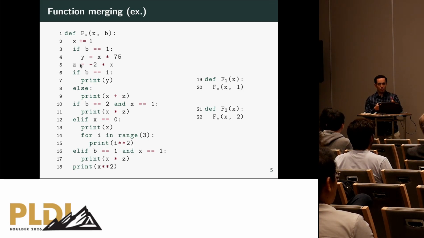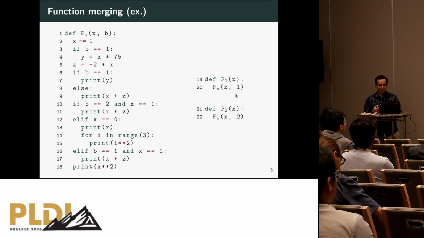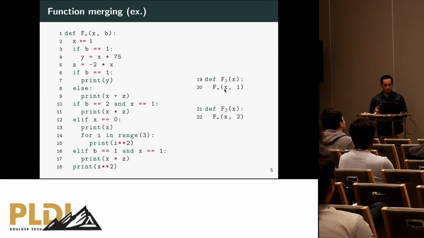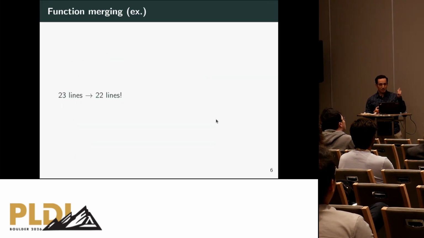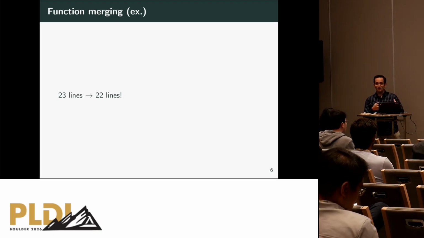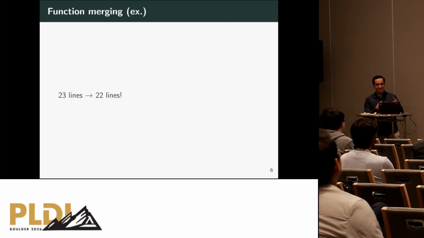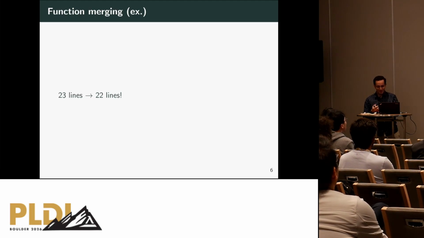I'll go back to how this function is constructed, but the point is that now we can completely remove the body of f1 and replace it with a single call to f star, and similarly for f2. And in this example, we actually managed to reduce code size. Before it was 23 lines, now it's 22. So in this example, function merging was successful in reducing size.